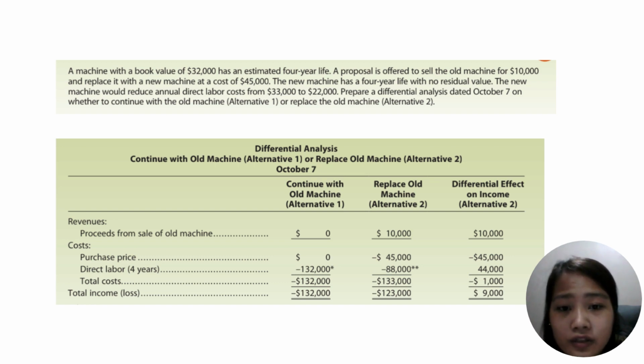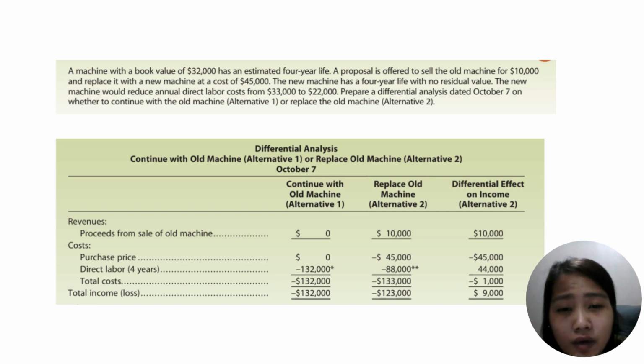So for alternative one, we have $132,000, while the total cost of alternative two is $133,000. So again, we subtract the cost from the revenue, so we can have the total income or loss.